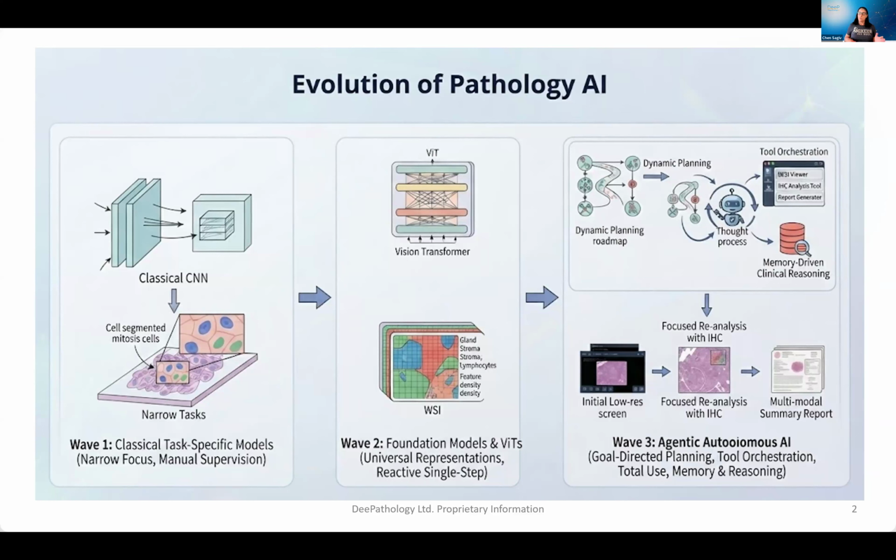The tasks were very well specified. We want to find, I don't know, PD-L1 cells. We want to find tumor cells. We want to find cells that responded to Ki-67. We want to predict patient outcome. So very, very specific tasks. Usually it required manual annotation and also manual supervision.